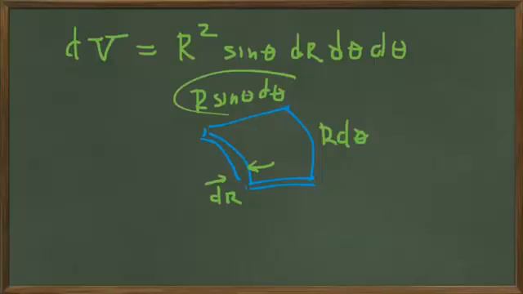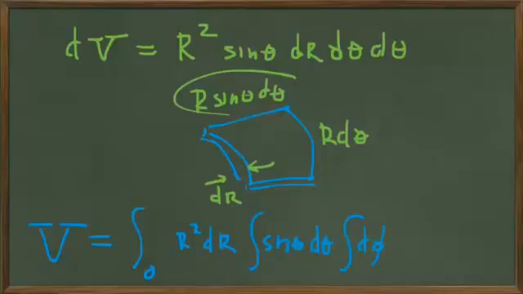So here's what a volume integral looks like. I'm just going to set it up for a sphere in spherical coordinates. If this is going to be for a sphere, the distance from the origin goes from 0 to a. This is a sphere of radius a.